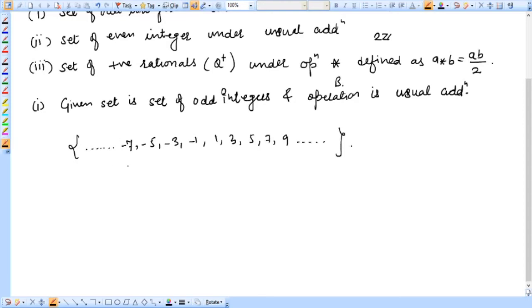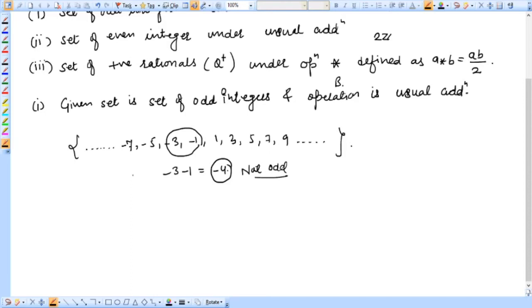If we take two odd integers, for example -3 and -1, and add them, the result is -4, which is not odd, right? Therefore this set does not satisfy the closure property, because addition of two odd integers is not an odd integer. Therefore it is not closed.